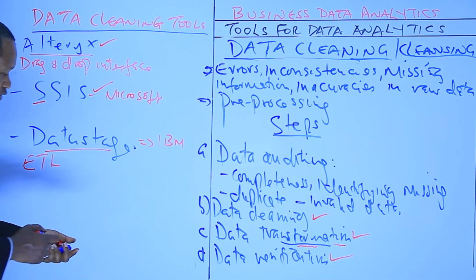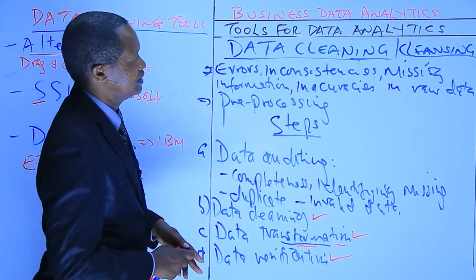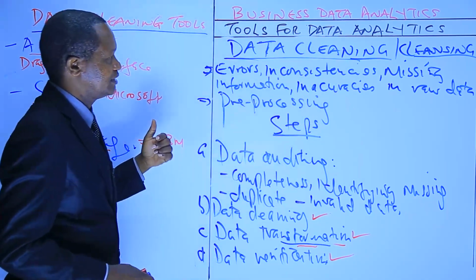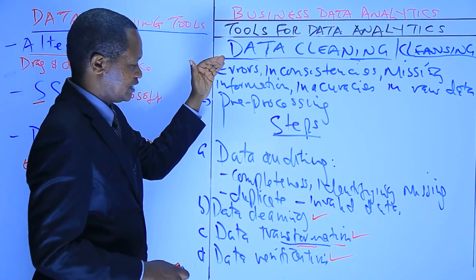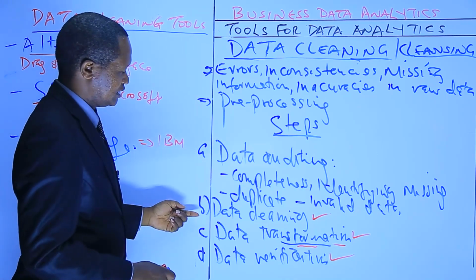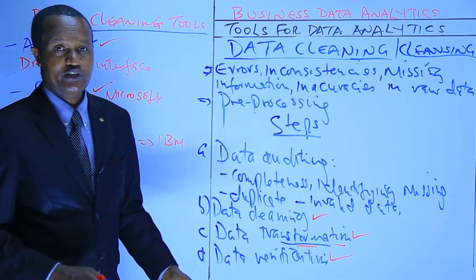So that's all for today, where we've studied data cleaning, which is also known as data cleansing. We've defined data cleaning. We've described the steps in data cleaning, which involve data auditing, data cleaning, data transformation, and data verification.